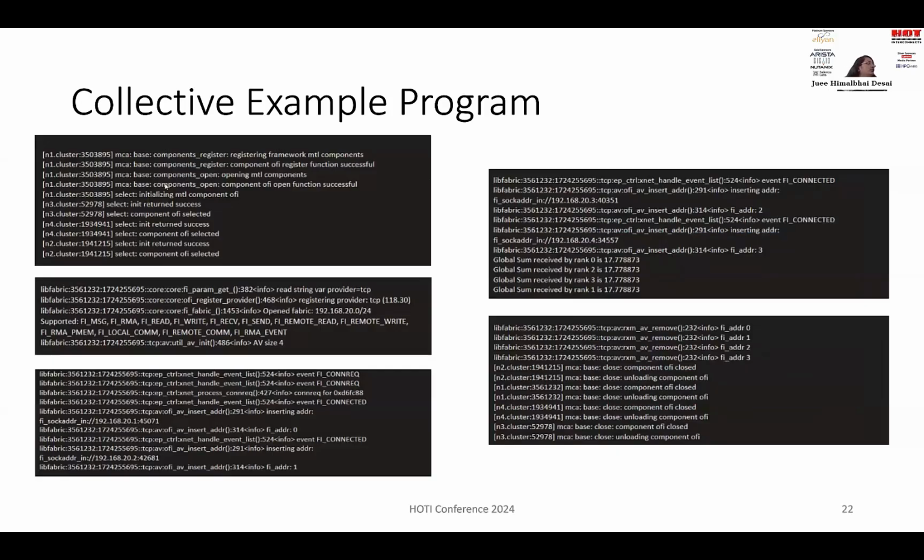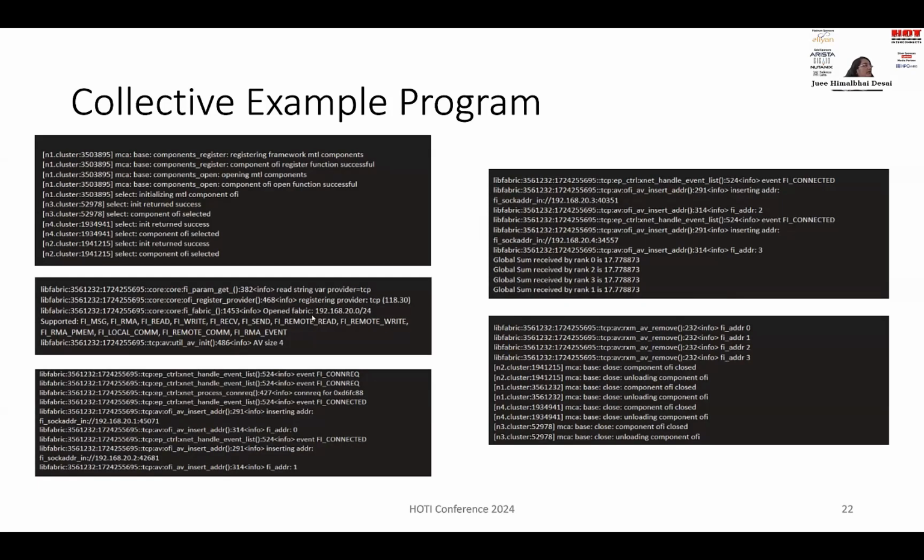So similar to what we saw earlier, the first thing will be OFI component initialization and selection. So all of the nodes that we wanted to use have that, and we can see here that component OFI was selected for all of the nodes. Then we see that we wanted to use the TCP provider, so it took that into account.